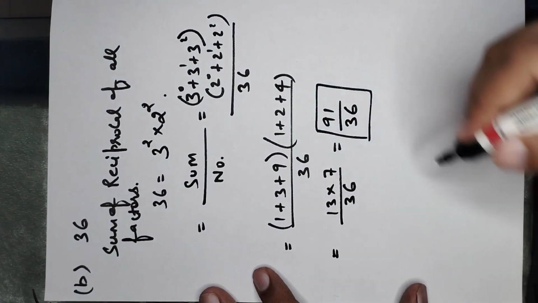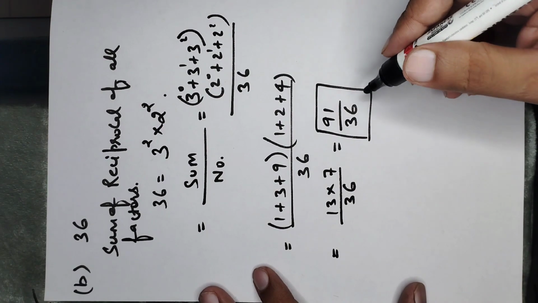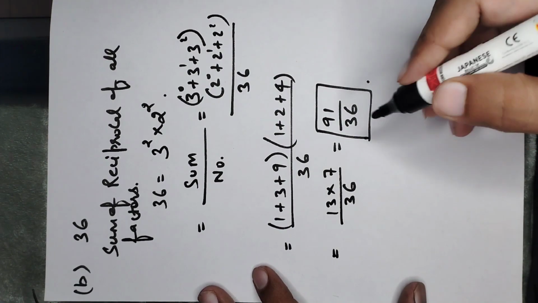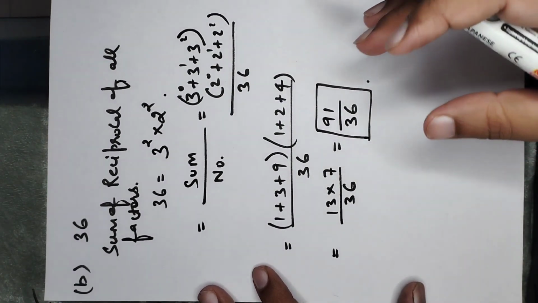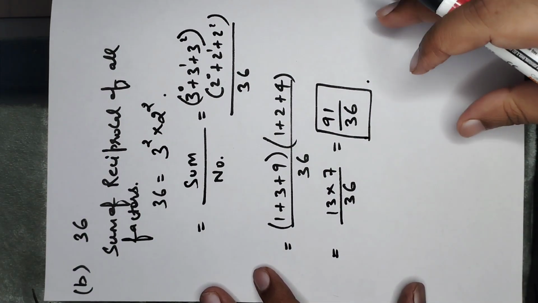This is the sum of reciprocals of all factors of 36. So this is how we find the reciprocal and then the sum of all the factors.